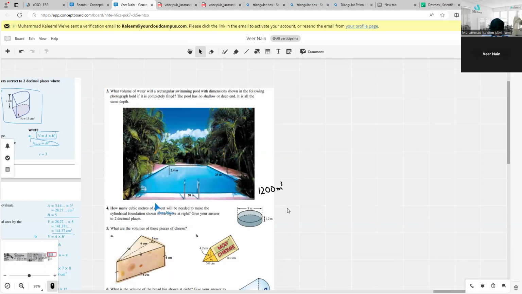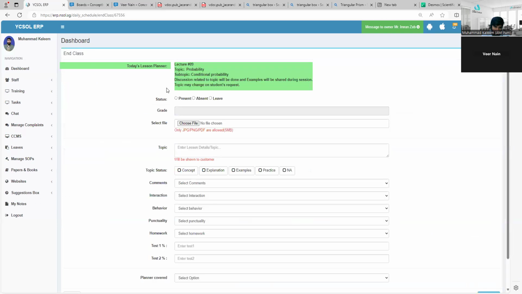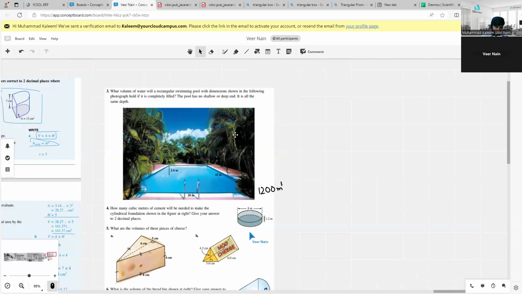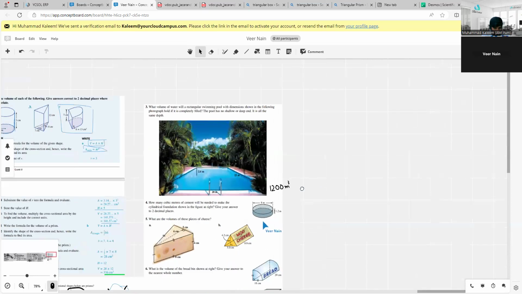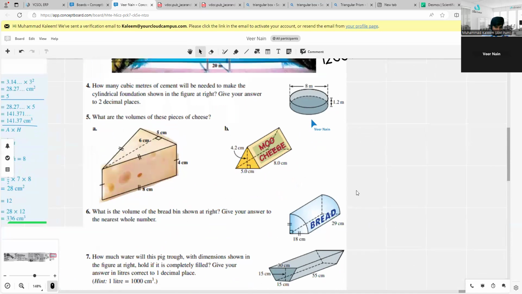How many cubic meters of cement will be needed to make the cylinder?